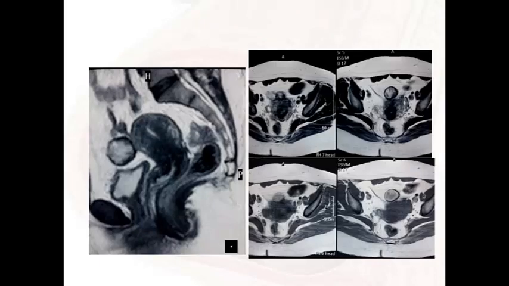Okay, another case. We have here the uterus. What is this? This is a hemorrhagic lesion related to the uterus. There is no typical claw sign, but it is inseparable from the uterus. Of course, first we thought that it could be a hemorrhagic cyst, but here we can see both ovaries.